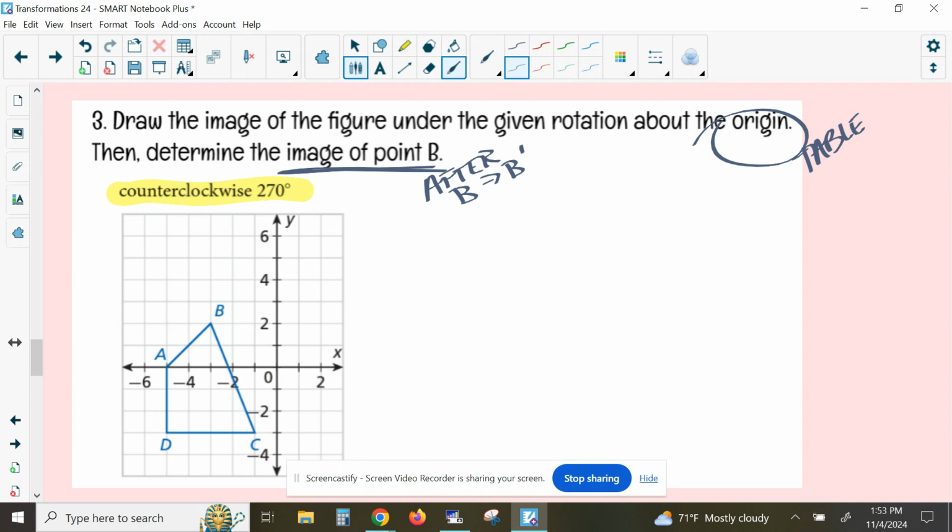Okay, so we're going to do flip and negate the right.